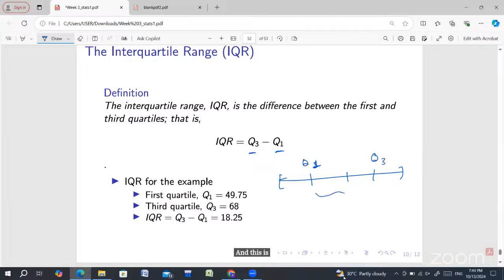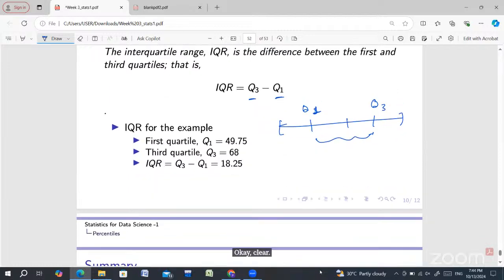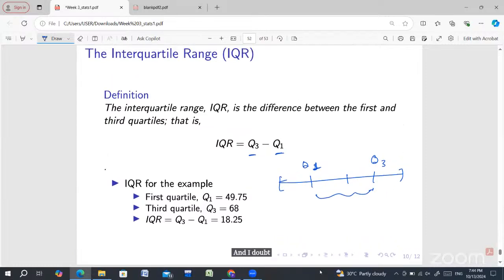So basically, this is the middle part of the data set. The interquartile range is Q3 minus Q1. The formula is this. So it is the difference between the third and first quartile. Clear? Any doubt till this point?